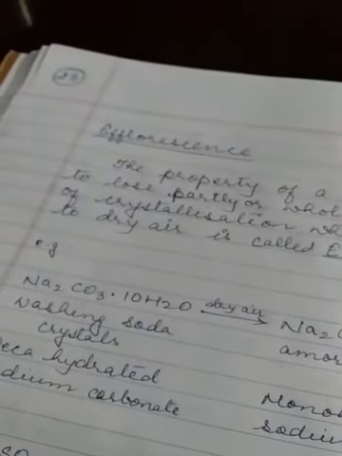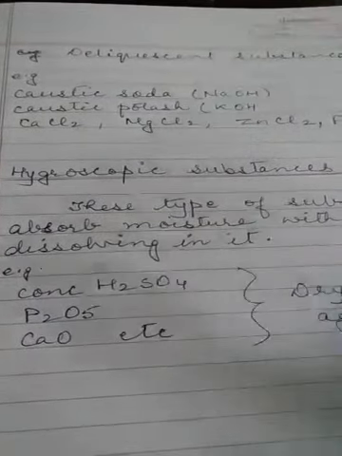So there are some deliquescent substances. For example, there is caustic soda and caustic potash.